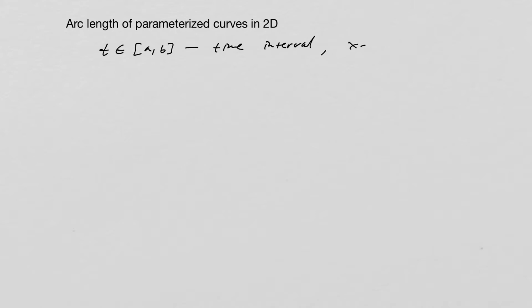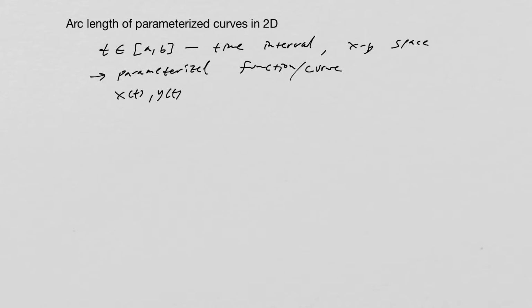And of course, then you're going to have x and y space. And then you're going to have a parameterized function, or what we'll call a curve. It's going to be x of t, y of t.